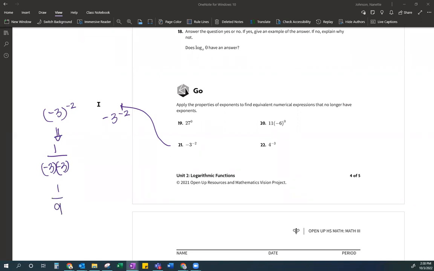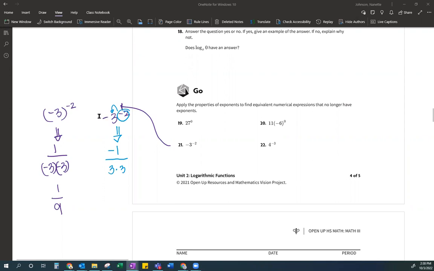Versus, okay, now this one is different. This one only is applied to the 3, not the negative. So the negative does not get squared, if that makes sense. So the -1 stays on top, and I divide it twice by 3, not -3. And if you don't understand why, it has to do with PEMDAS.